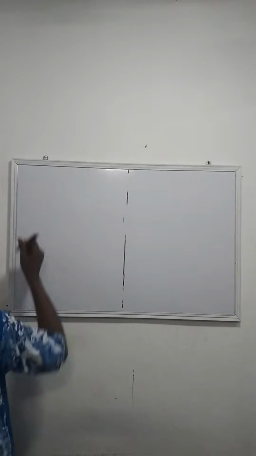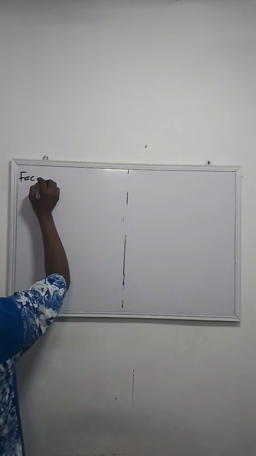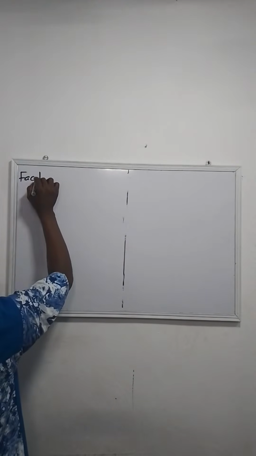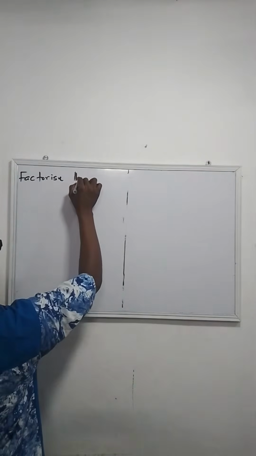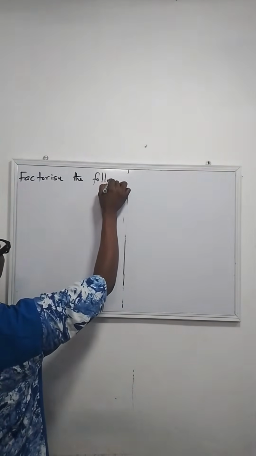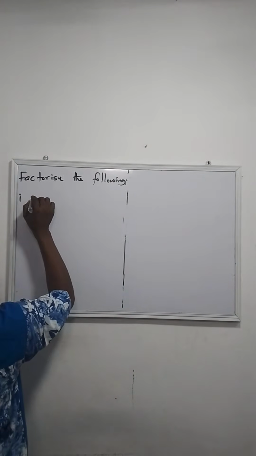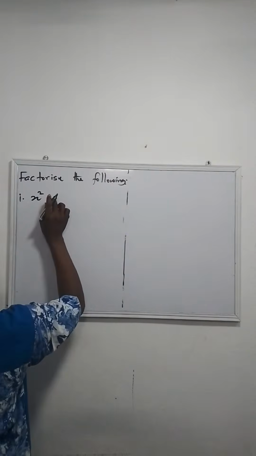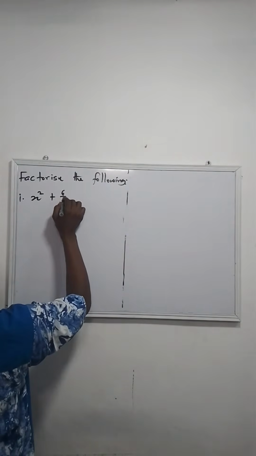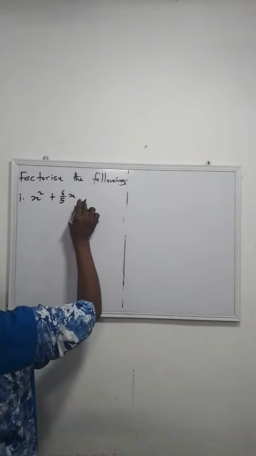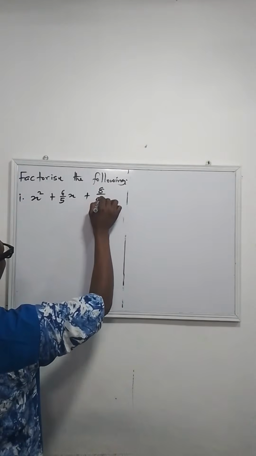Okay, the first one, factorize the following. You have 1x squared plus 6 over 5 x plus 8 over 25.